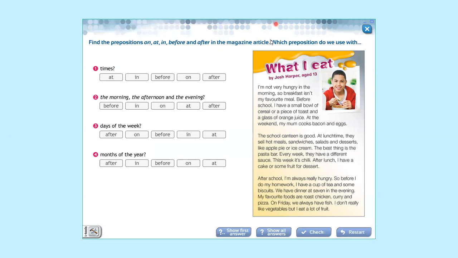In this case, we have some prepositions. Here we are going to remember some prepositions: on, at, in, before, and after. Okay? So here we have to use some of these.